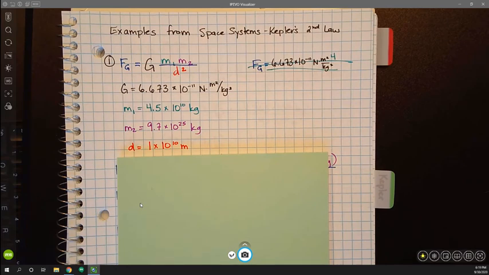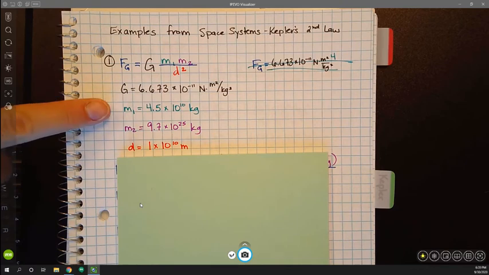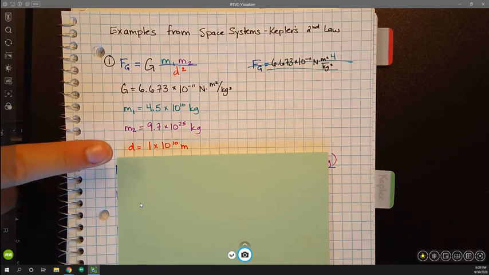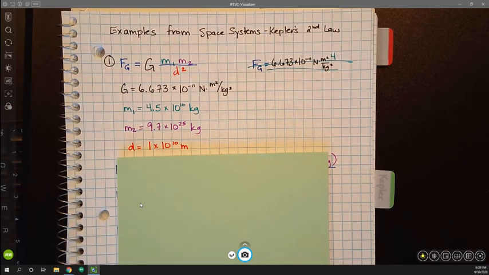Newtons tell you that you are dealing in force, and it is a specific amount of force, not something that you have to know now other than a Newton is a unit of force. Okay, you've got your two different masses and you've got your distance. So we're going to try to find what the force of gravity is between these two masses. Based on the masses, it's probably a moon of some kind and a larger planet.